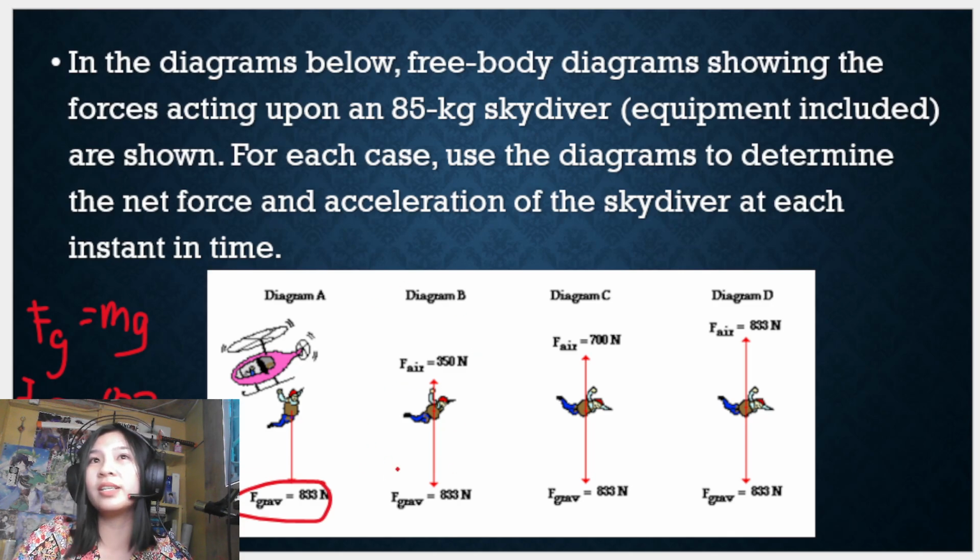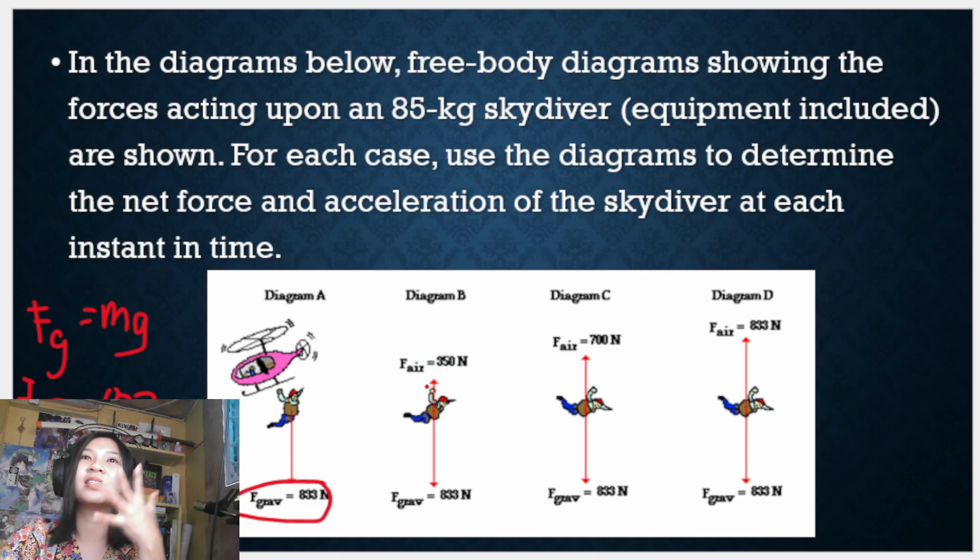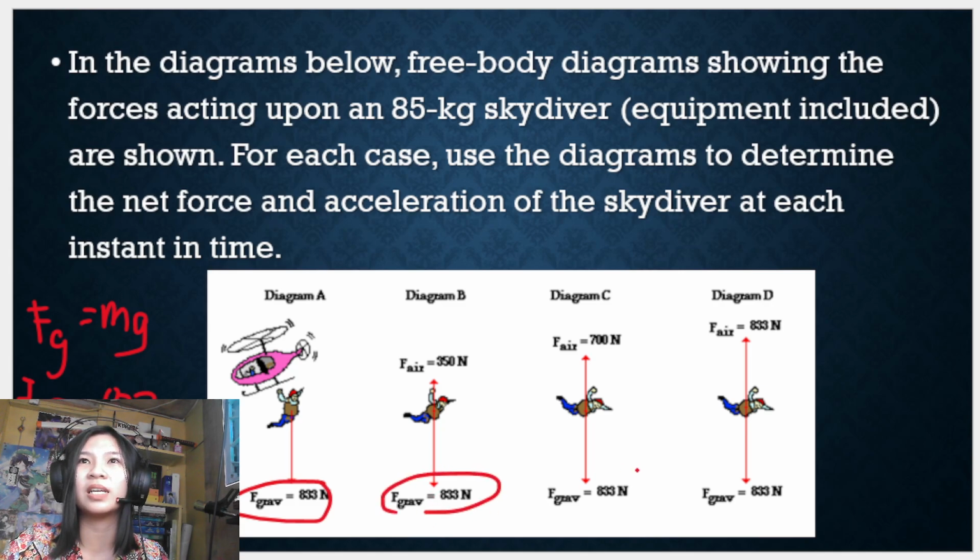Now, on diagram B is after naniambak na siya, so after some time, na-encounter na niya ang air resistance. So, since bago pa man siya niambak, gamay pa ang iyang air na-encounter. So, here, we have 350 newtons nga air resistance, or the force of air resistance. And the gravitational force is 833 gihapon. So, pareho na sila diri ang 833.